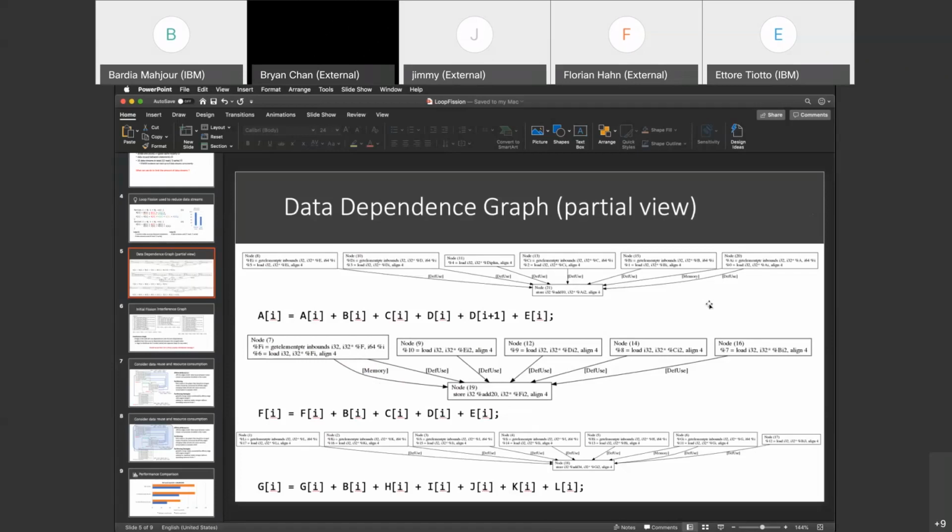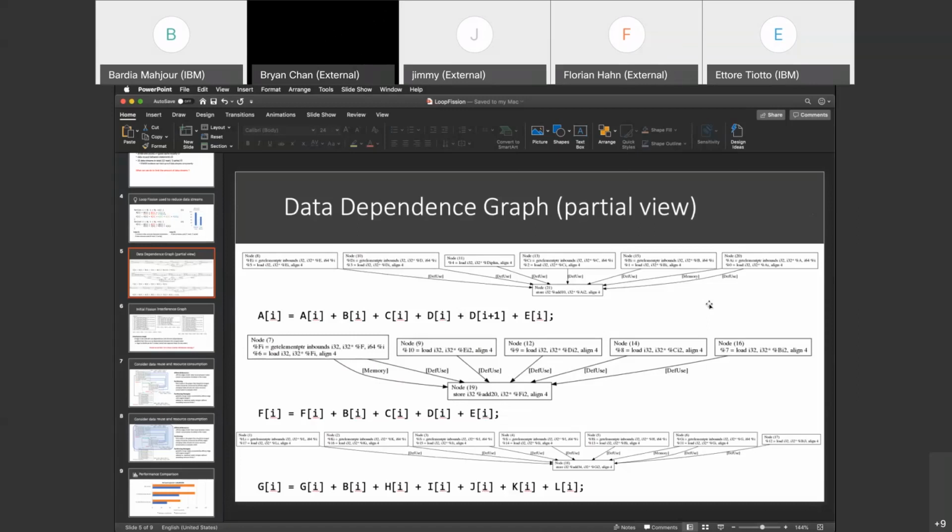Now, if the load was not redundant, there would be only one load in the DDG that feeds both the store into A and the store into F eventually. And so those two statements would then be using the same variable. If you wanted to distribute these two statements away, you would have to rematerialize this load into the two loops.